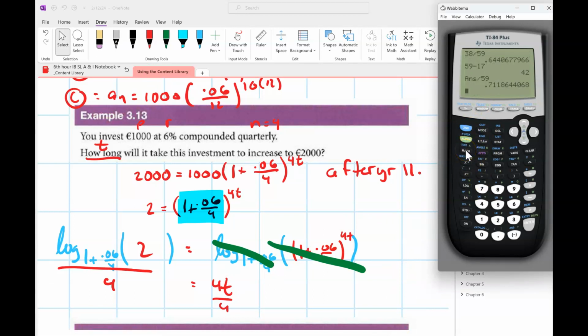So most of us, if you press the math button and then scroll down to the bottom, there's the log base option where you can type in any base to your logarithm, which is super cool. Divide by 4. And we get that same thing after 11 years. So between year 11 and year 12, we would have tipped over $2,000.